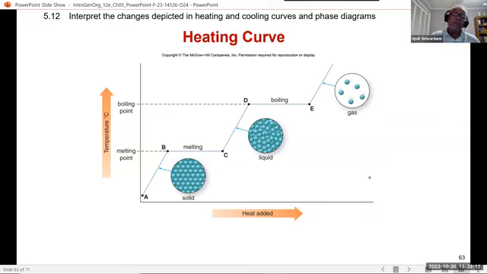So when the phase change takes place, melting or boiling, melting is B to C. D to E is boiling. When phase changes take place, it doesn't show up in the temperature.